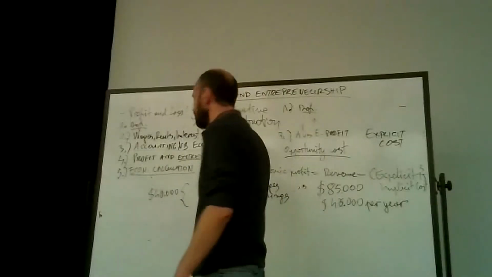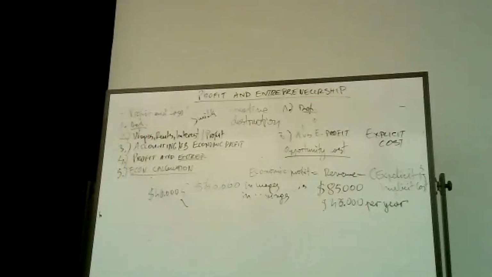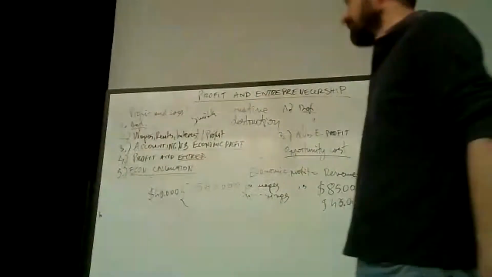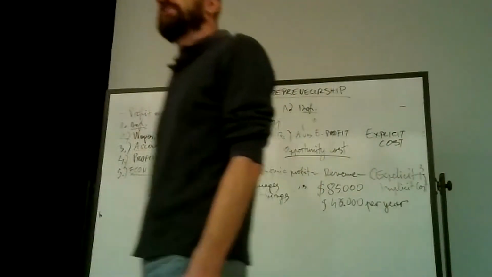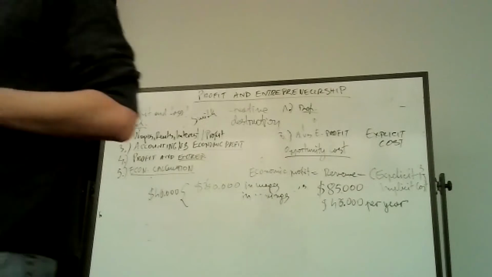Let's say $40,000 in wages, just to make it simple. Will the person quit the job here to start this new business venture? Expected profitability is the criterion that a person will use. Expected economic profit is a criterion that the person will use to make a decision.